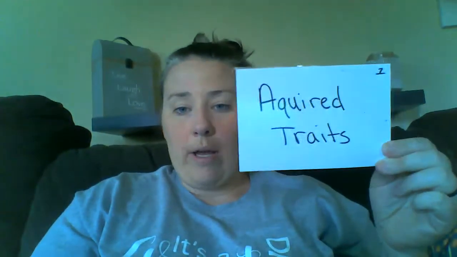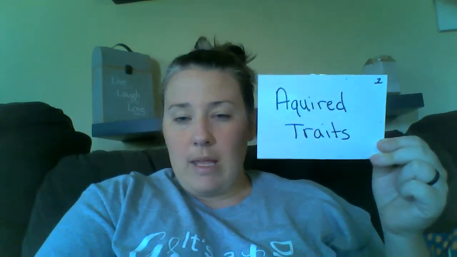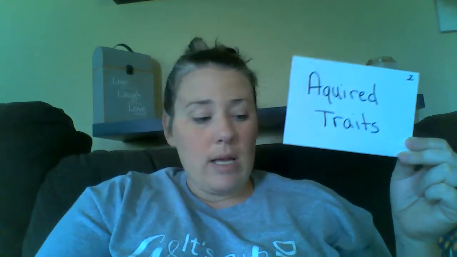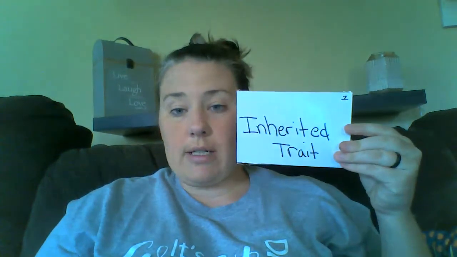And last but not least, you have acquired traits. So there's that word again, traits, and then acquired. And we're gonna talk more about this later, but here's your definition. Traits you get as you grow. They are due to your environment. Okay. So be thinking about maybe even some examples, especially of acquired traits, learned behavior, inherited behavior, and inherited traits.